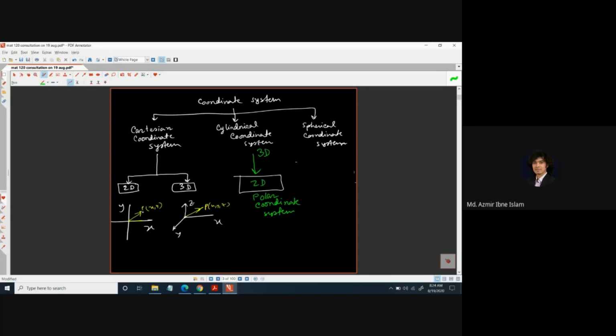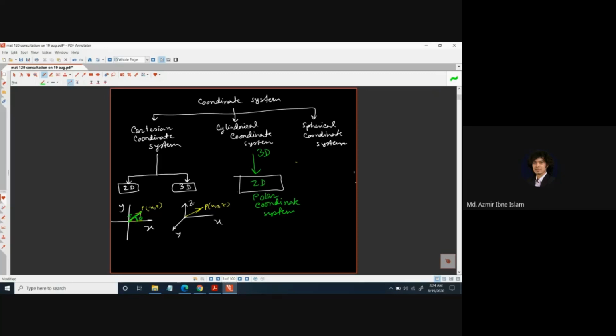That means suppose we have the point here p of x y, that is in two dimension, x axis y axis are here. So the same point can be located by r theta. That means this is the radius or modulus from origin, the distance from origin to the point, and the angle from positive x-axis to this line, that is the theta.